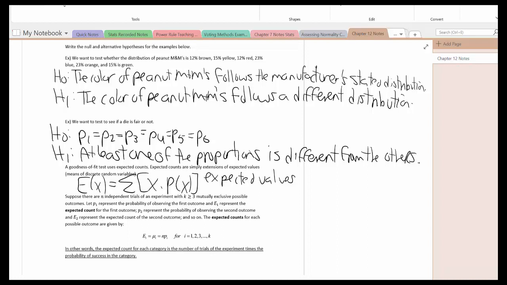We can continue with this with P2 and E2, and so on. So the expected count is given below. In other words, the expected count for each category is the number of trials of the experiment times the probability of success in that particular category.